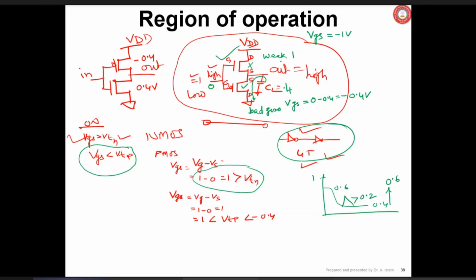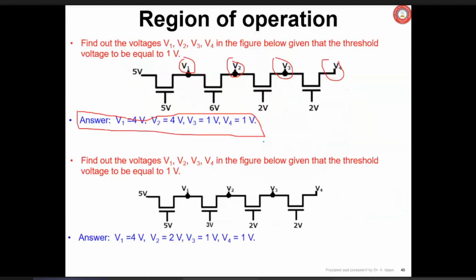You don't get the full value; you get, rather, 0.6 volt in case of a 0 to 1 volt input. A VTN drop is occurring. So people say that everywhere VTN drop will occur. With the simplest logic they do some kind of mistakes. Will you do this kind of mistake in future?